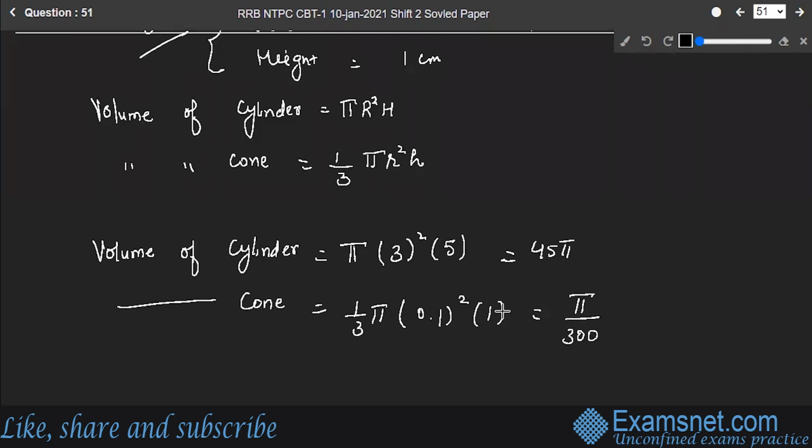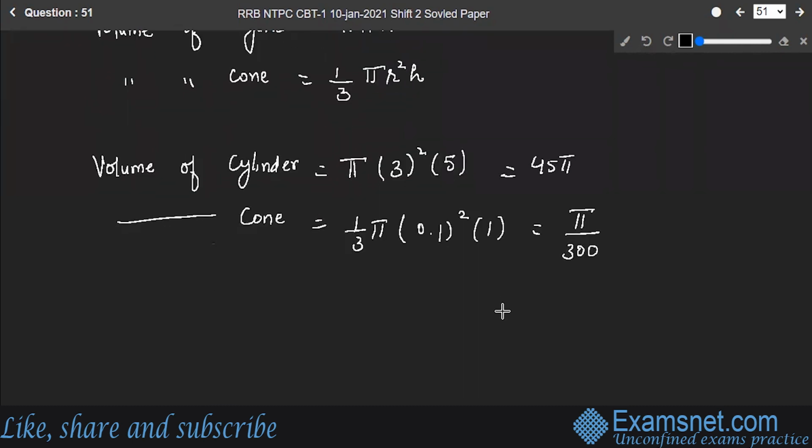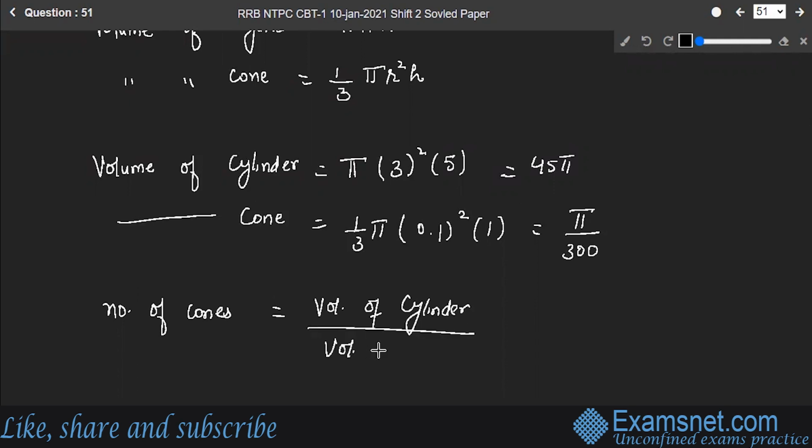This is volume of the cone. And you have to find out number of cones. This will be volume of cylinder upon volume of cone. That will be 45 pi.